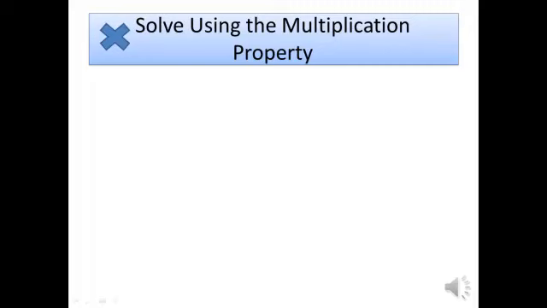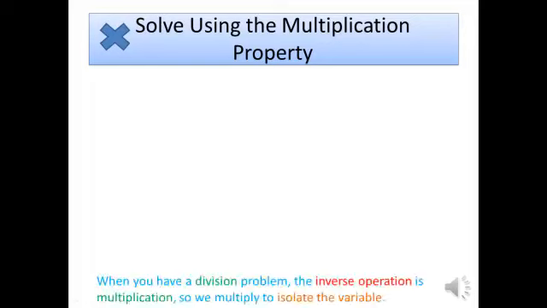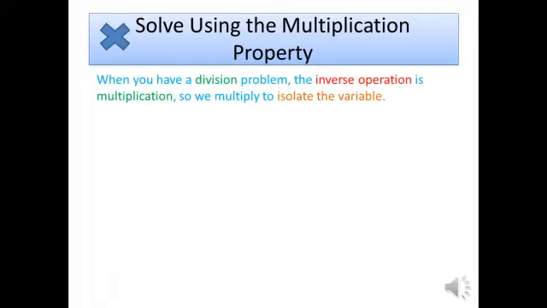Solving using the multiplication property. Again, multiplication and division are inverse operations, so we use them against each other to solve for our variable. When you have a division problem, the inverse operation is multiplication, so we multiply to isolate the variable. Example number 1. x divided by 4 equals negative 12.